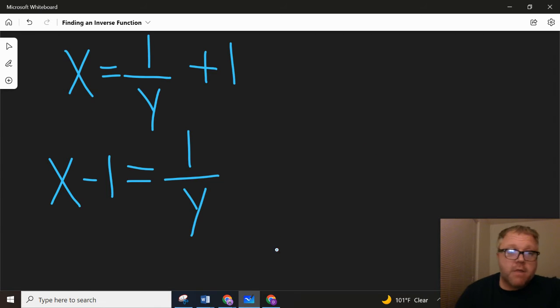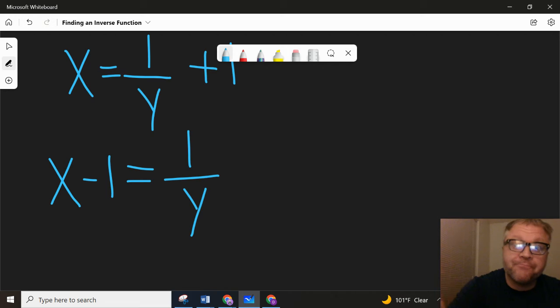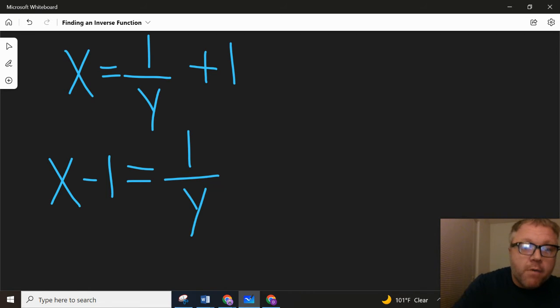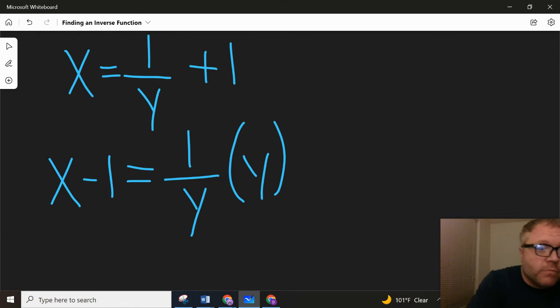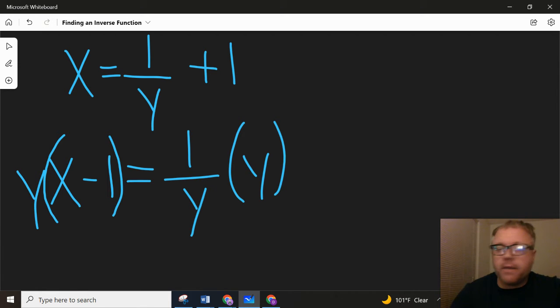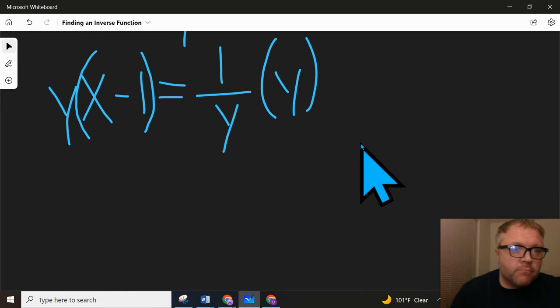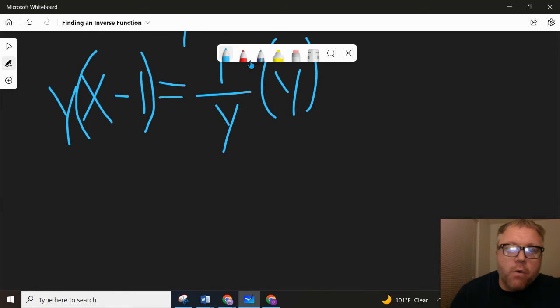Now to clear out this denominator, because y is down there, how do we get it out? Let's multiply everything by y. Both sides get multiplied by y. Do put parentheses around the quantity of x minus 1 because you're multiplying that whole side.